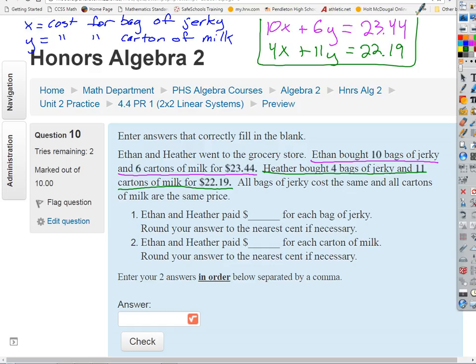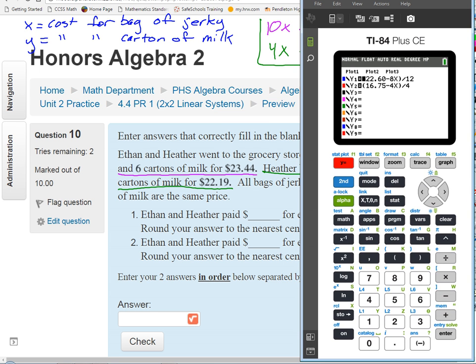So there's our linear system. We've just got to find the solution to that. So let's put that into the calculator.